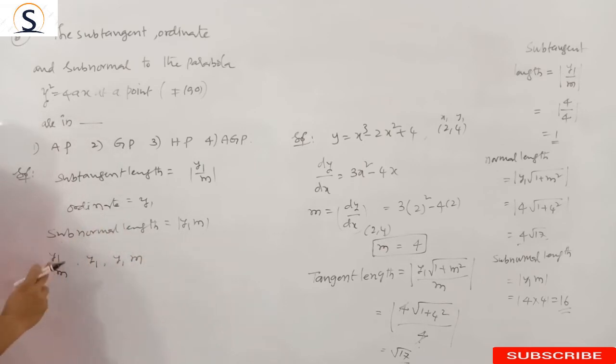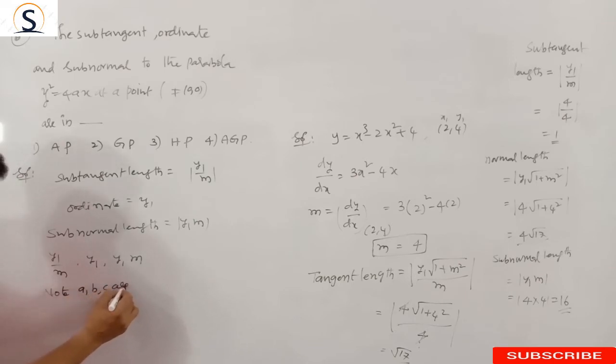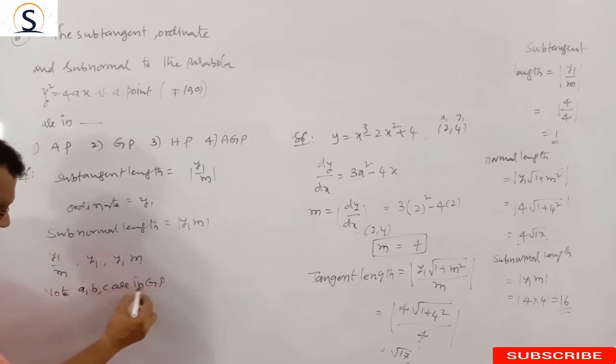If you take the product of the first and last, m cancels and you get y1 square. The square of the middle term is also y1 square. So y1 square is equal to y1 square. That means A, B, C are three terms, and when B square is equal to A into C, then A, B, C are in GP. Here I will write a small note: if A, B, C are in GP, then B square is equal to AC.